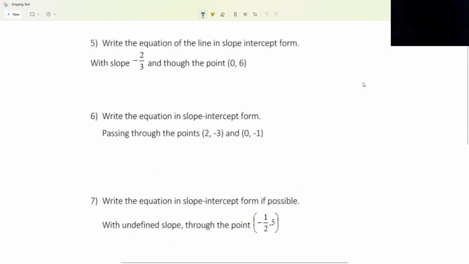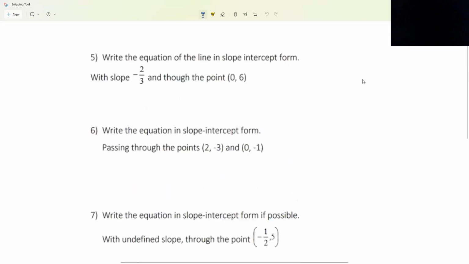Okay. So on the last page here, we're doing the same thing, but instead of using a graph to figure out the slope and the y-intercept, they're writing stuff down for us. They're giving us the slope here.